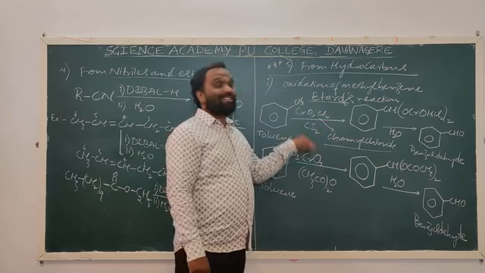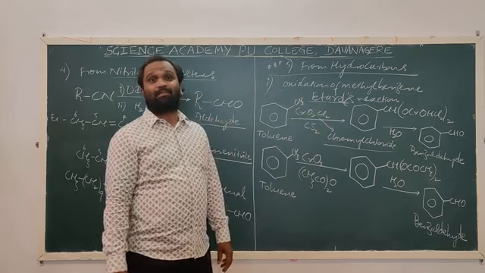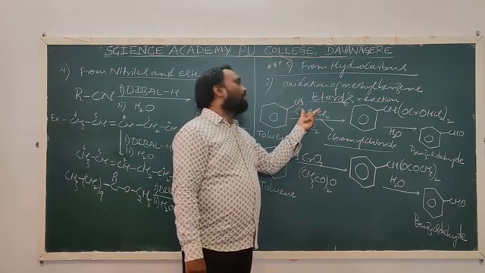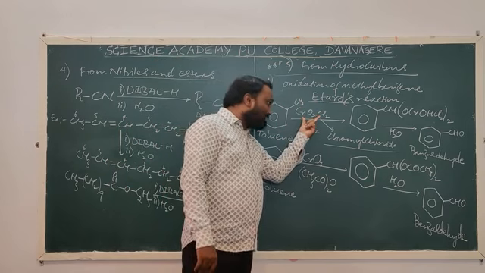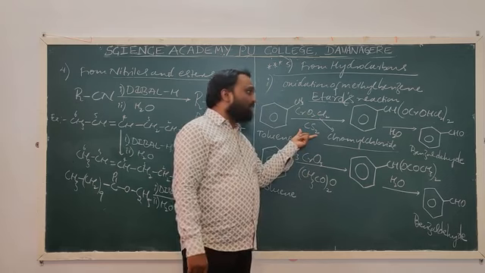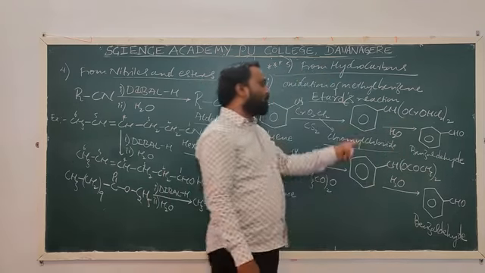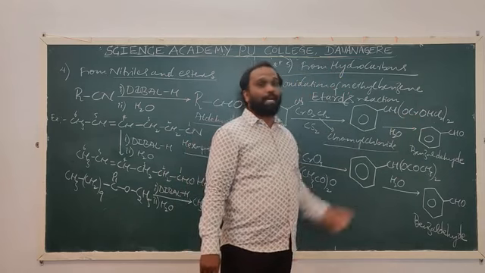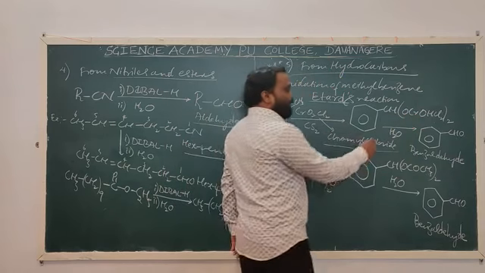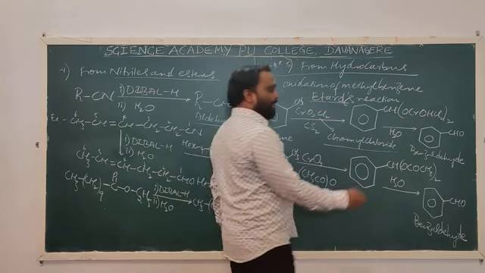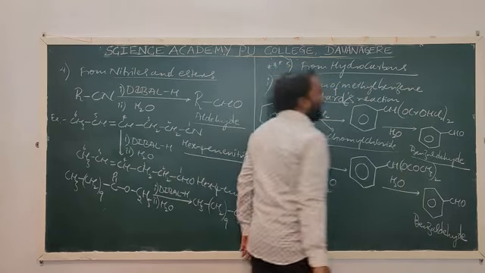This chromyl chloride acts as an oxidizing agent in CS2. We get a complex of chromium, which on hydrolysis gives benzaldehyde.